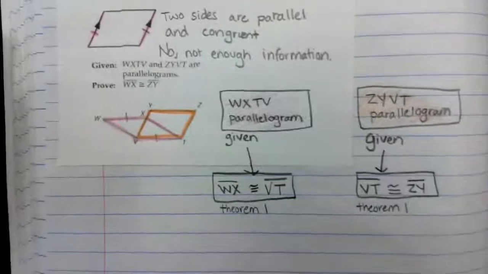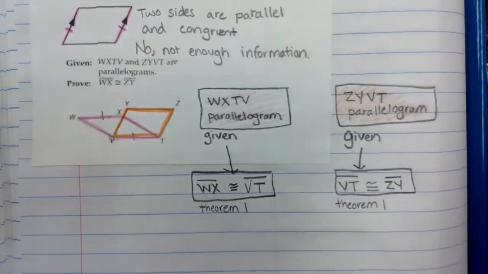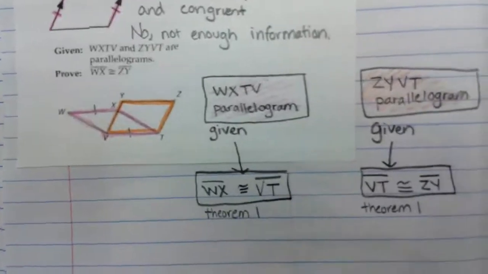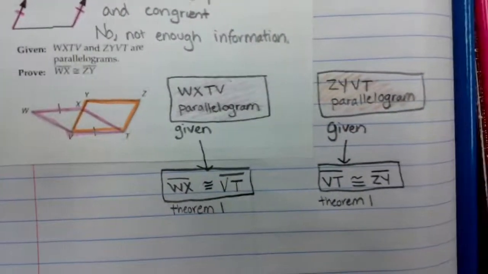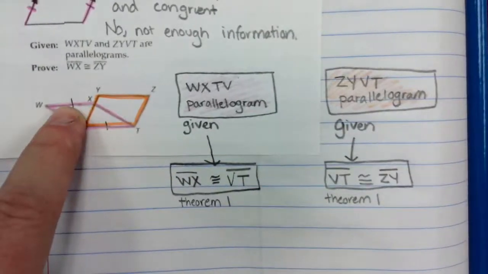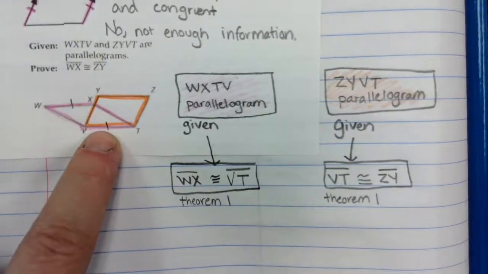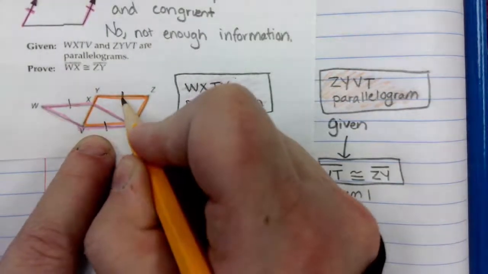All right, now you have to think way back to chapter 2. We've used it a lot since chapter 2, but we learned it originally in chapter 2. If this is the same as this, and now we know this is the same as this, what do we know about all three of them? Yeah, they're all the same.